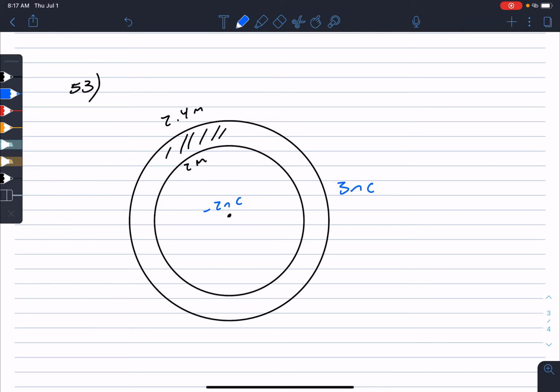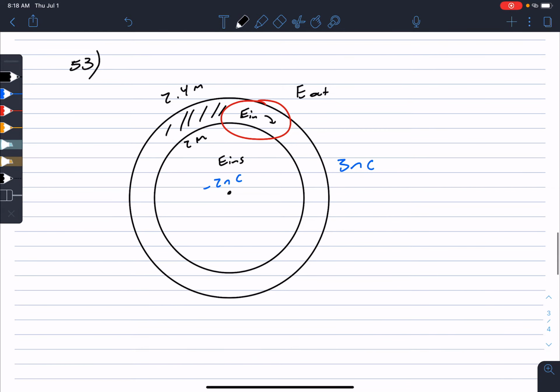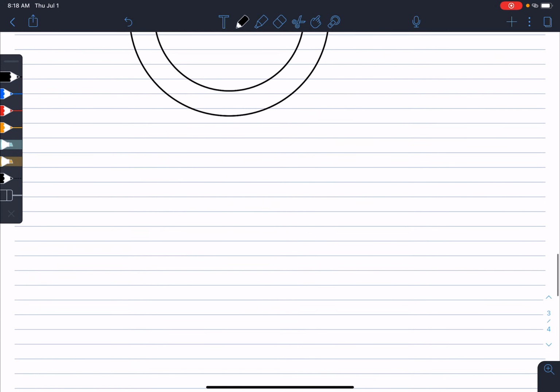What else do we need to know? We want to find the E field everywhere. So we want to find E field outside, E field inside, and E in the conducting material. Well, let's do this one first because that's the easiest. E inside the conducting material is 0.